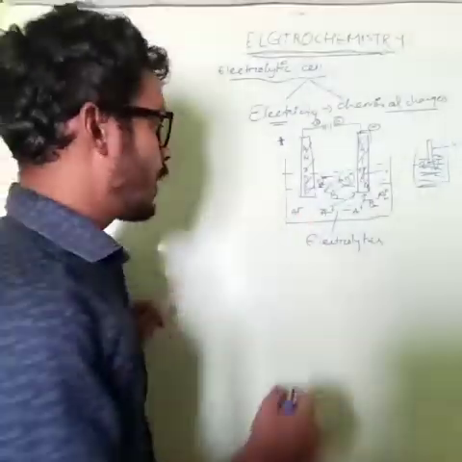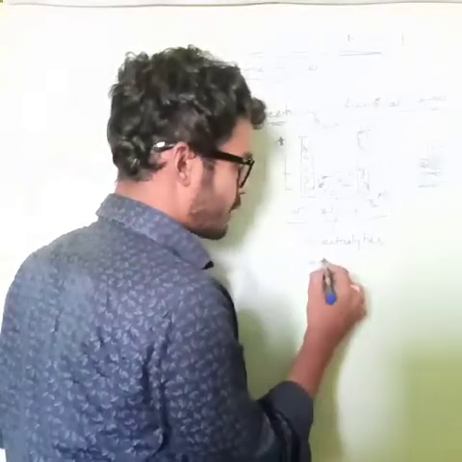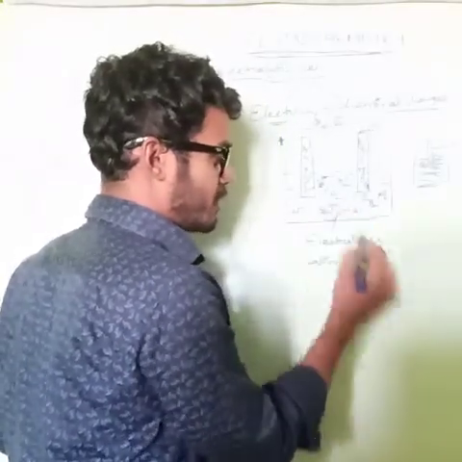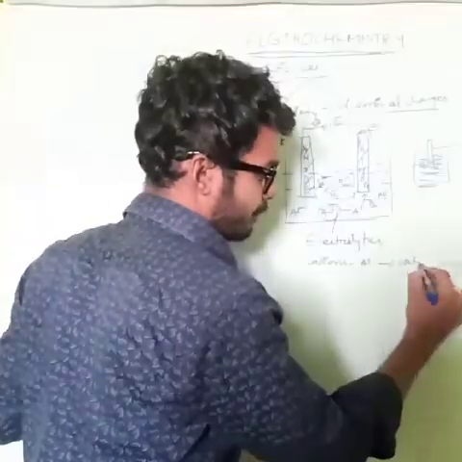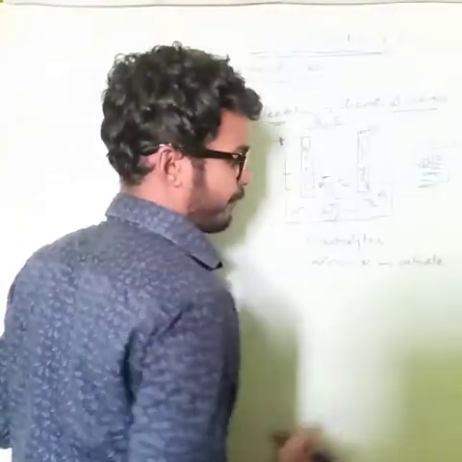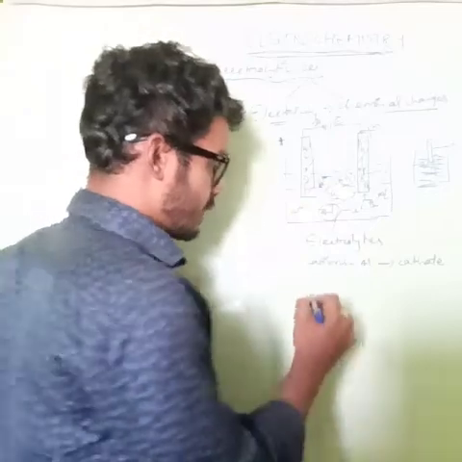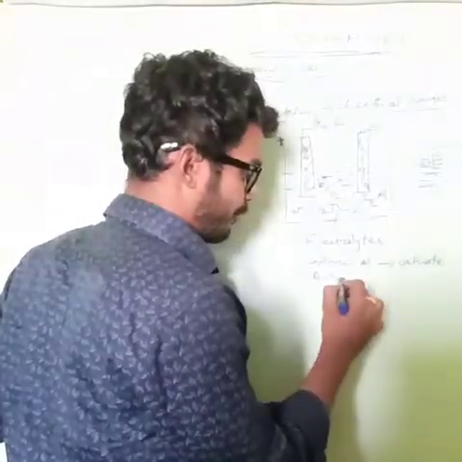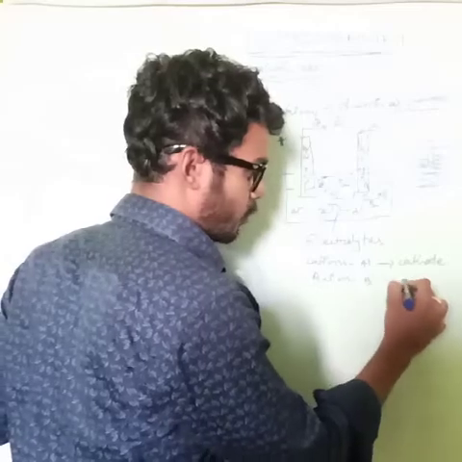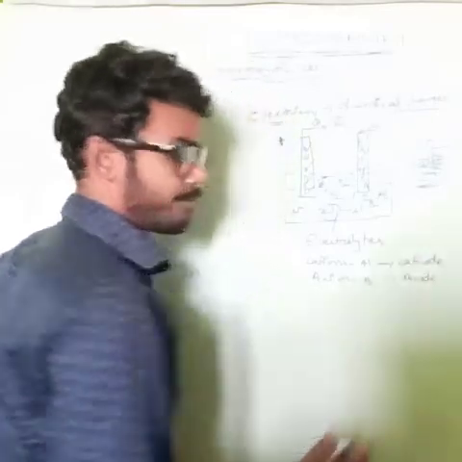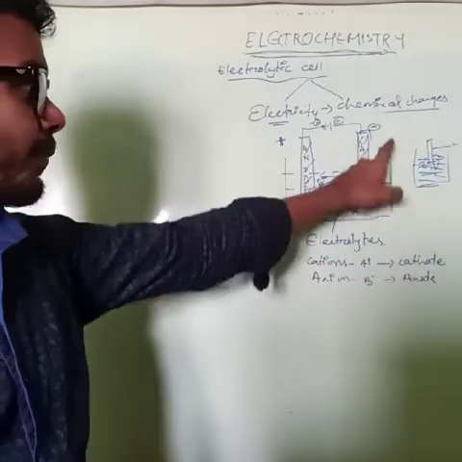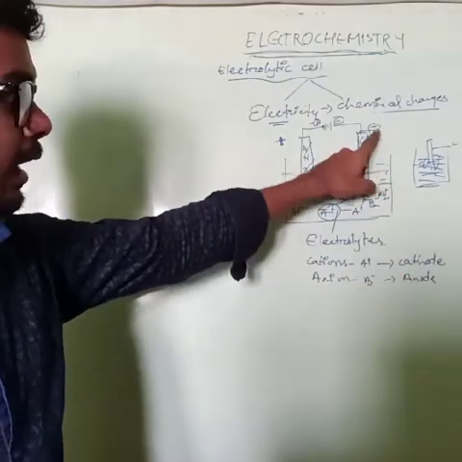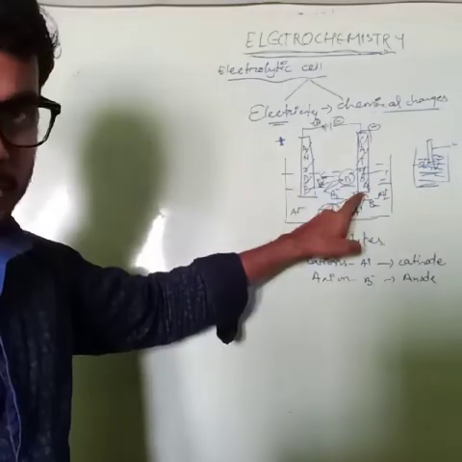The positively charged ions are known as cations. They move towards the cathode. The negatively charged ions, the anions, B minus, go to the anode. Remember, the cathode has negative charge, and to a negative charge, obviously positive ions will go.